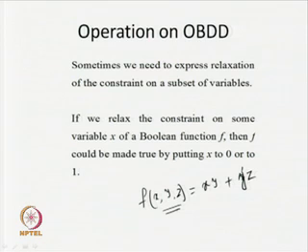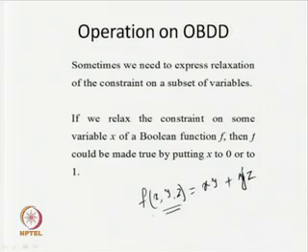Sometimes we restrict the function on a particular variable, which will be either equal to 0 or equal to 1. Basically, the function value will be 1 provided x is equal to 1 and y is equal to 1, or y is equal to 0 and z is equal to 1. So, the function value will be 1 provided it satisfies this constraint.